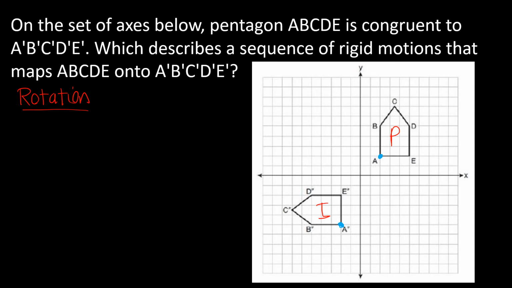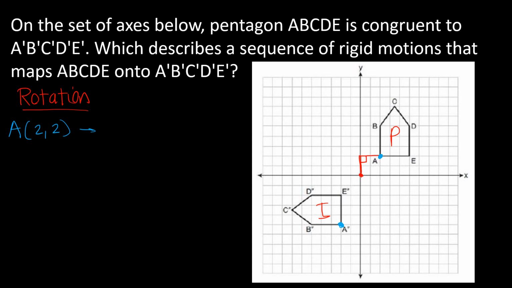So we're going to look at point A. Point A we have as (2, 2). And I need to know what type of rotation actually took place. So we always rotate from the origin, and if we rotate it 90 degrees, we rotate 90 degrees making a right angle from the origin to point A. So from the origin to point A is a 90-degree rotation.